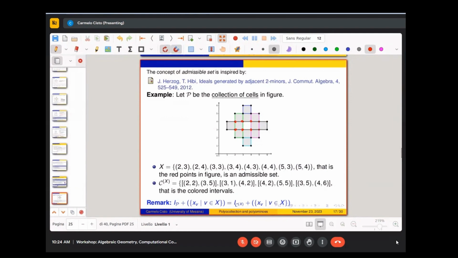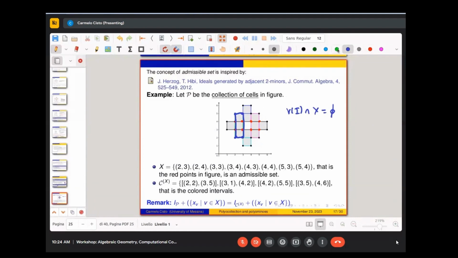I emphasize here the point, because, for instance, if I consider this interval, the vertices of this interval have empty intersection with our admissible set.